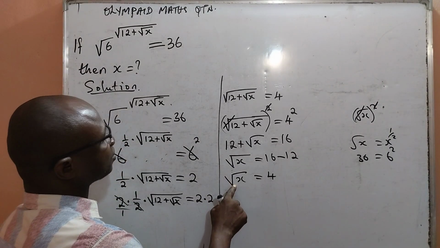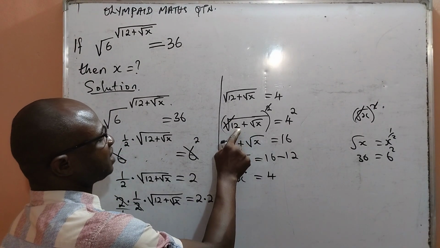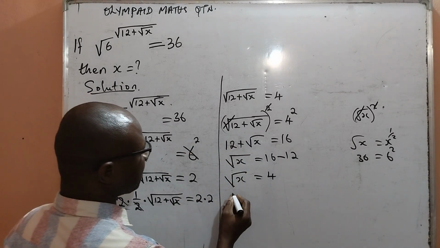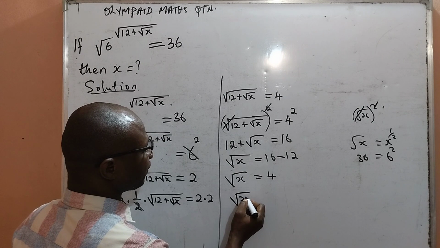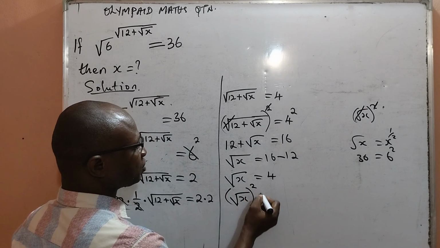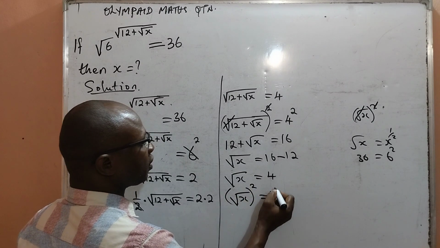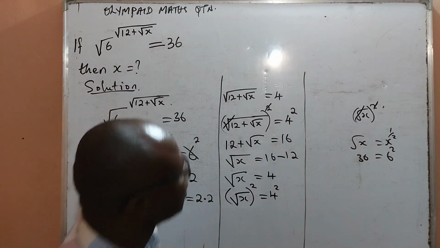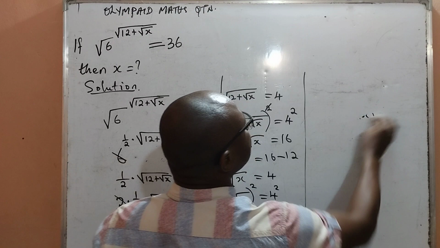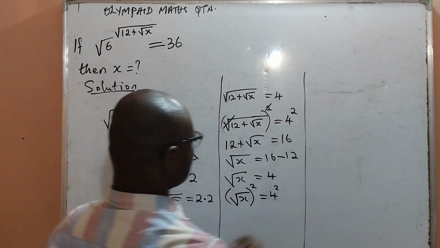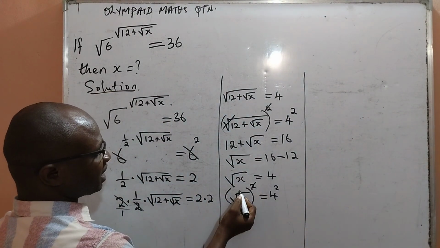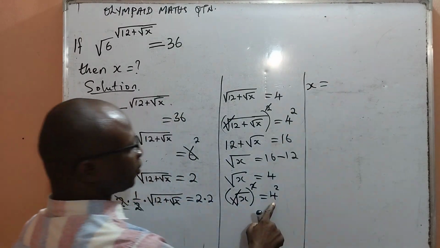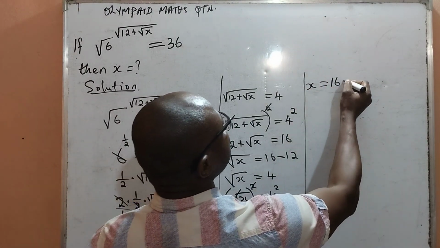Also, to remove the square root, just like I did here, I will take the square of both sides, and that means the square root of x all to the power 2 is equal to 4 to the power of 2. And this is now going to give me that power 2 will cancel out with the square root, leaving me with x equal to 4 to the power 2, which is equal to 16.